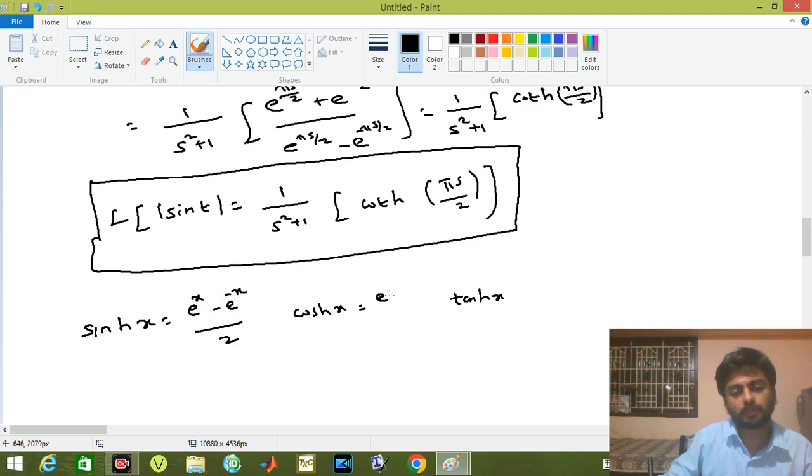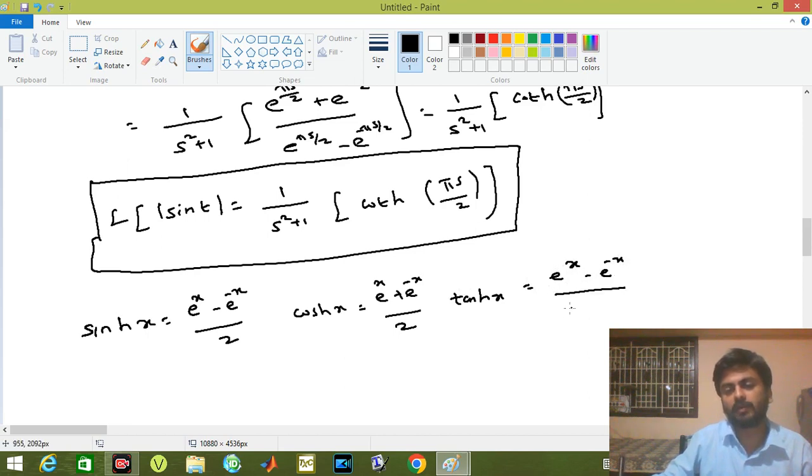Cosh x is positive, e power of x plus e power of minus x divided by 2. Tanh x will be sinh by cosh, so e power x minus e power minus x divided by e power x plus e power minus x.